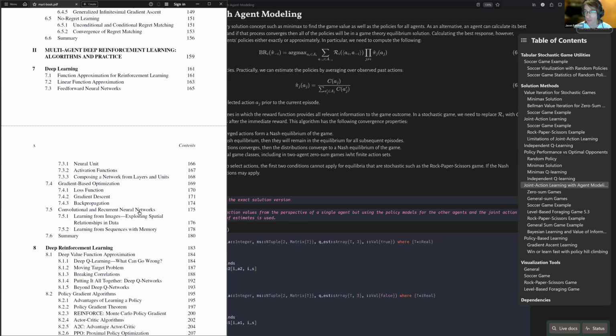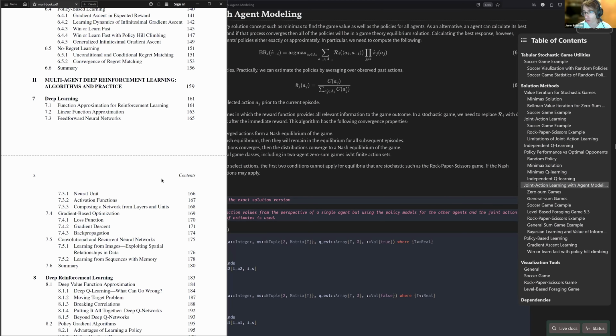These are techniques that are needed when you have a very large problem where the state space is too large to enumerate, where you can't list it exhaustively and collect data and estimates for every distinct state.